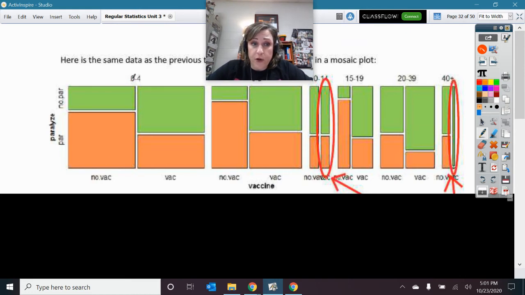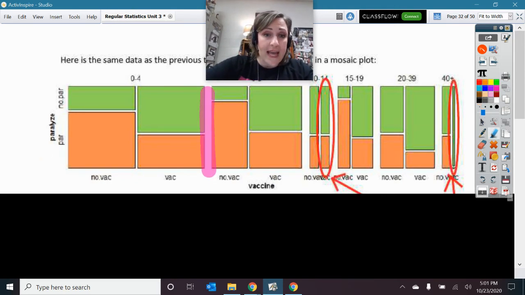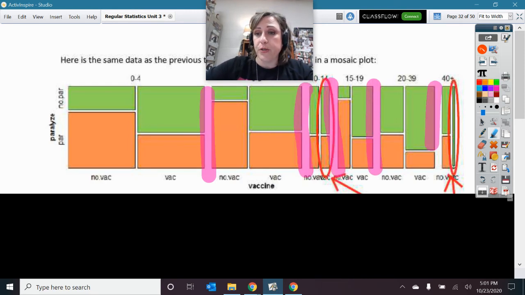Remember, in the 0 to 4-year-old group, about half, it was almost identical, half were vaccinated, half were not vaccinated. That's why these widths are the same. And then it's sectioned off and split by a larger gap by age. So here is that delineation of the age groups.